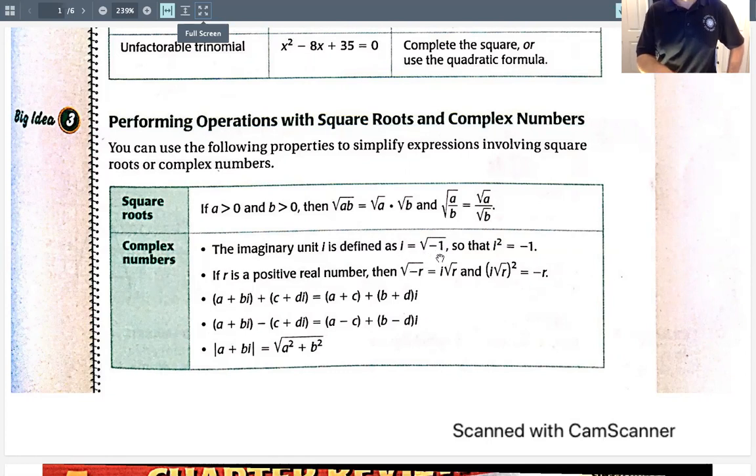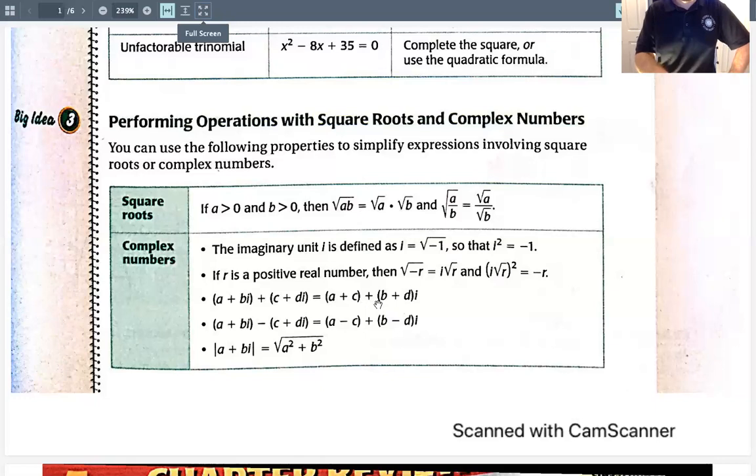So we define i as the square root of -1. They're saying that this property doesn't work when you multiply -1 times -1 inside and separate them. So then we have to say that i squared has to be -1, because that property doesn't hold otherwise.